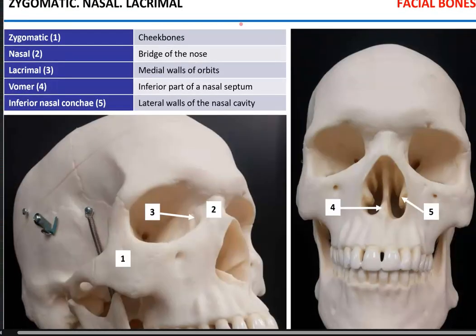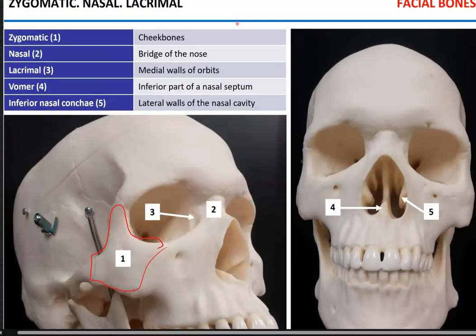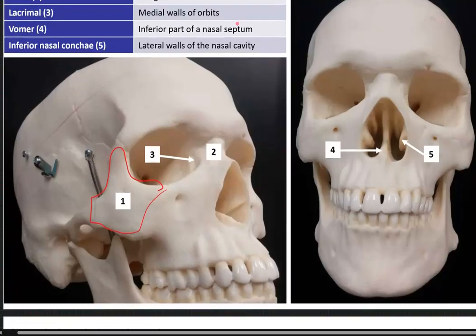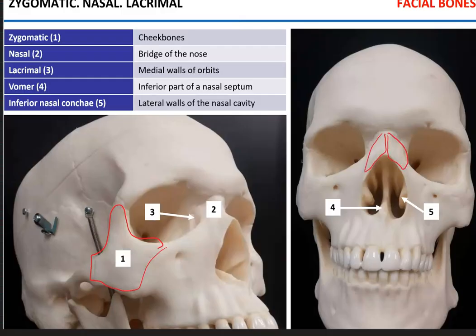Few more facial bones. First of them is zygomatic, cheekbones. So this is the zygomatic bone, which articulates with the temporal, maxillary, and mandibular bone. Then we have nasal bones. Nasal bones form the bony bridge of your nose.